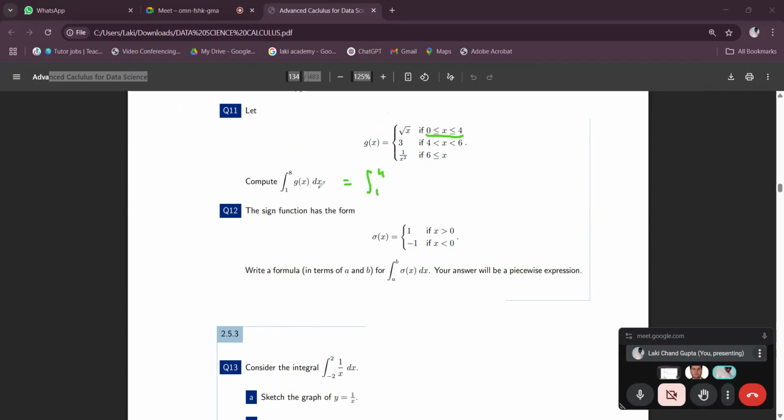Because 4 lies between 0 to 4. And then 4 to 6. And then greater than 6 lies this 6 to 8, right?